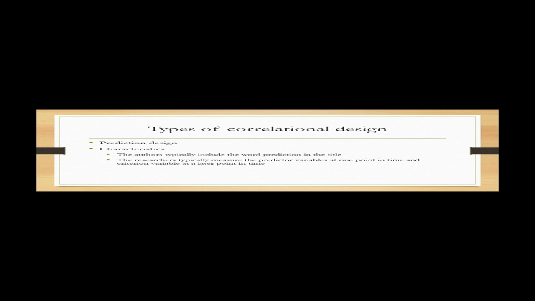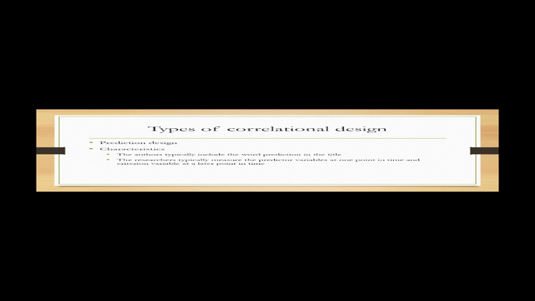Then the researcher typically measures the predictor variable at one point in time and the outcome variable at a later point in time. So at first, you measure a predictor variable, then you come again and measure the outcome variable.